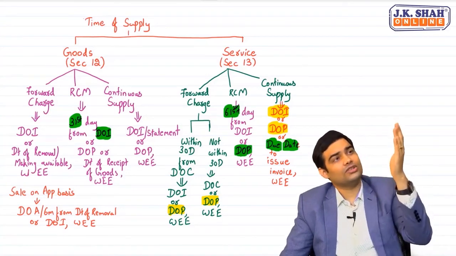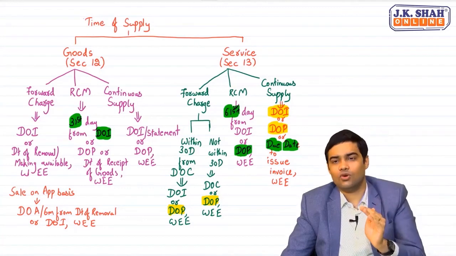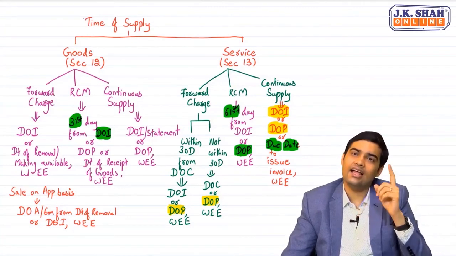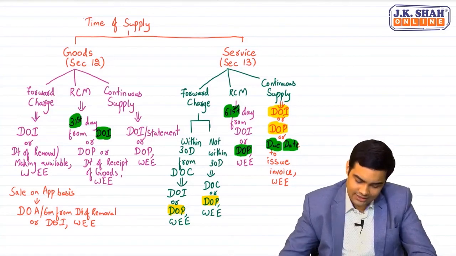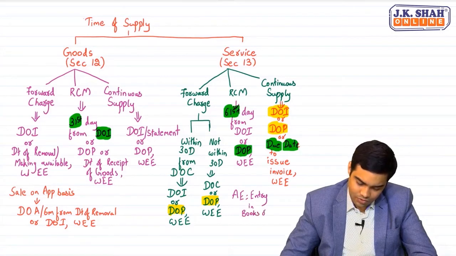And if an associated enterprise outside India is providing services in India, then I will have to pay tax under RCM. So for associated enterprise, the time of supply will be date of entry in books of recipient or date of payment, whichever is earlier.